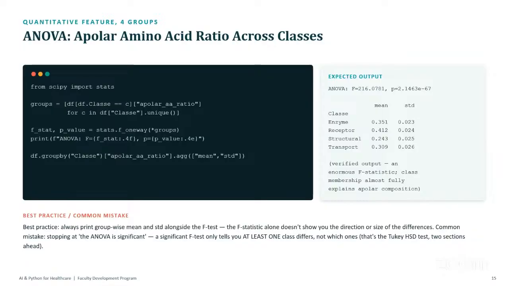So we can also compare ANOVA approaches, that is the analysis of variance. In that, we can find out the apolar amino acid ratio across the classes. For that, we need to import stats: from scipy import stats. We define groups from the data set in terms of their classes: groups equals df[df.class == c]['apolar_aa_ratio'] for c in df['class'].unique(). Then to get the result, we use f_stat, p_value = stats.f_oneway(*groups).